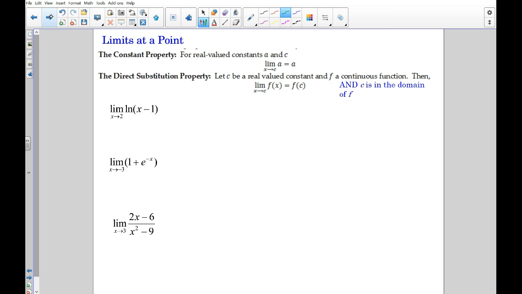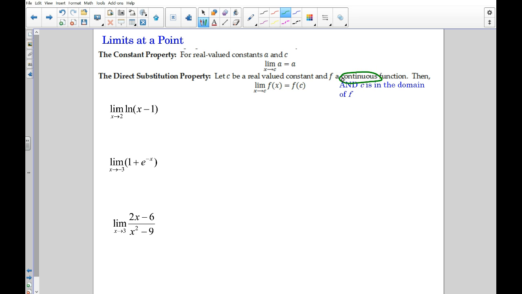In general, for limits at a point, if we're taking the limit of a constant, we just get the constant. But we get a nice property of limits if we have a continuous function.